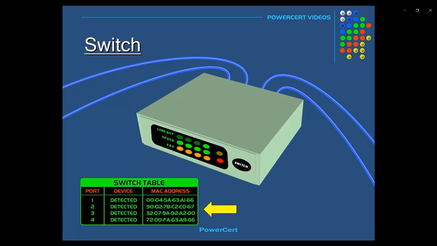So the switch actually belongs to the data link layer, and these devices are called layer 2 devices. But a hub is not a layer 2 device, it is a layer 1 device. It is just receiving signals and forwarding the signals. There is no intelligence.